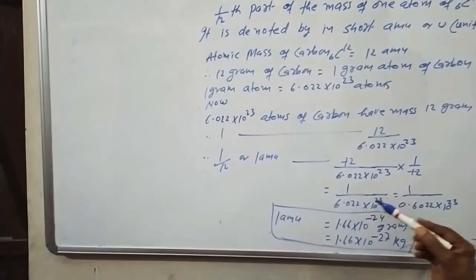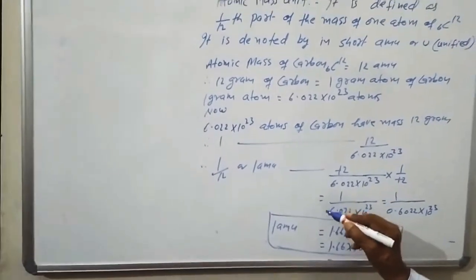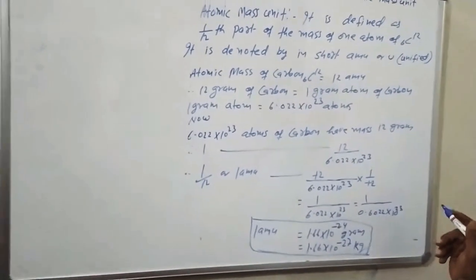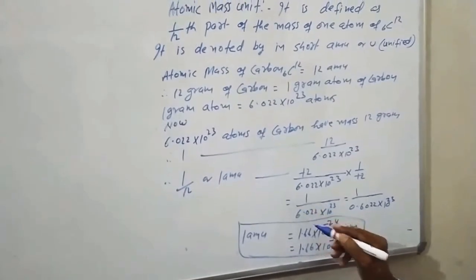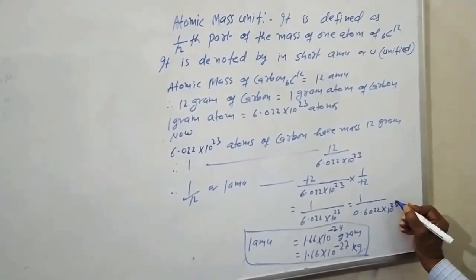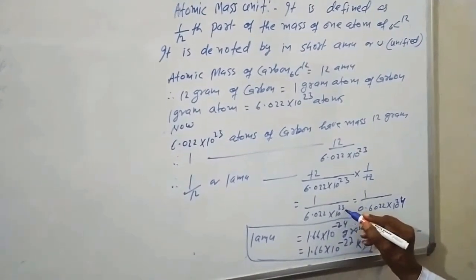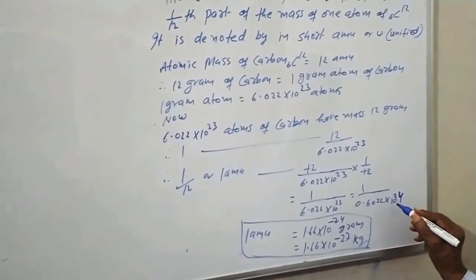And when this point is given at left side, then 10 to the power 23 will be changed into 10 to the power 24.